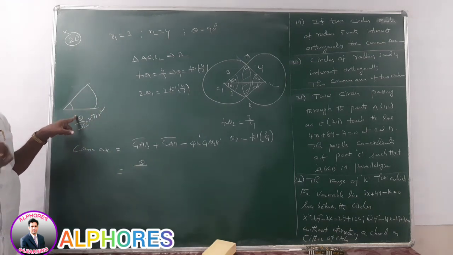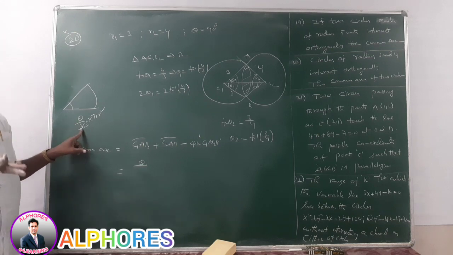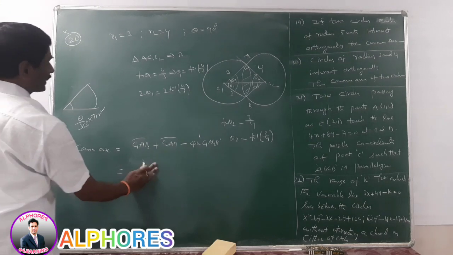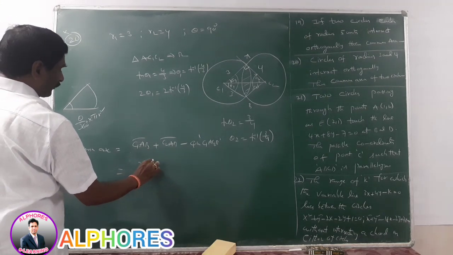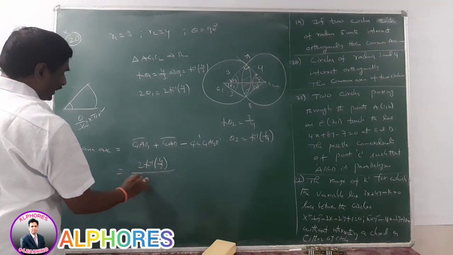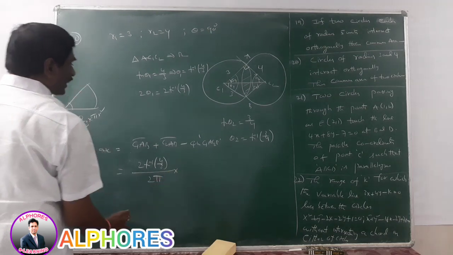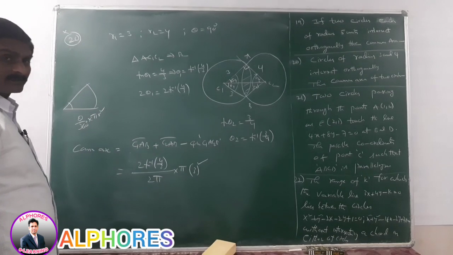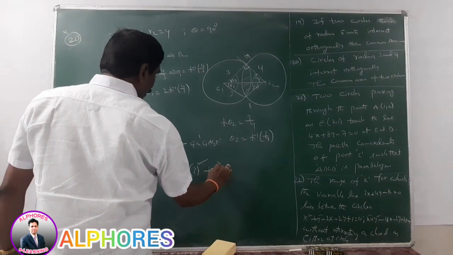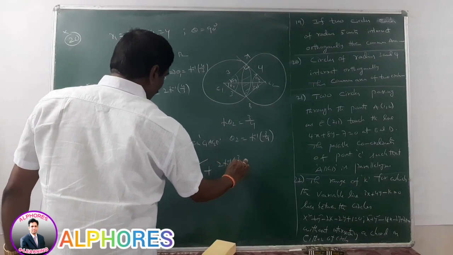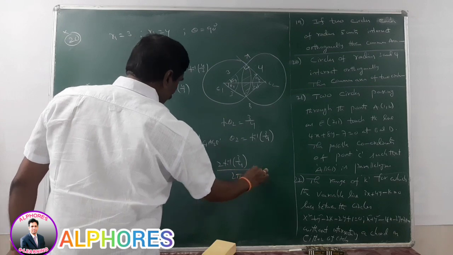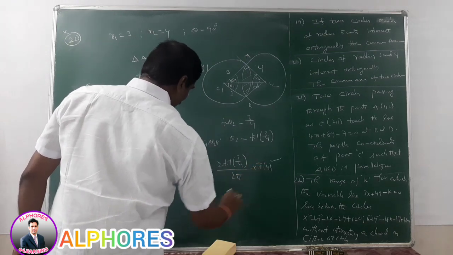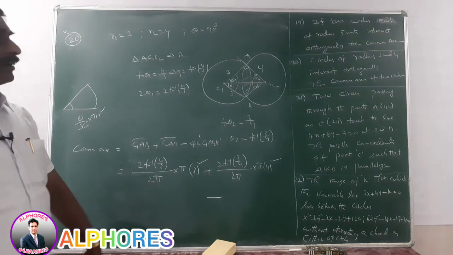Suppose theta is in radians, what is the value of 360? It is 2 pi. That means 2 tan inverse 4 by 3 by 2 pi into pi r1 square, where r1 square is 3 square, plus 2 into tan inverse 3 by 4 by 2 pi into pi into 4 square, minus the area of the quadrilateral.